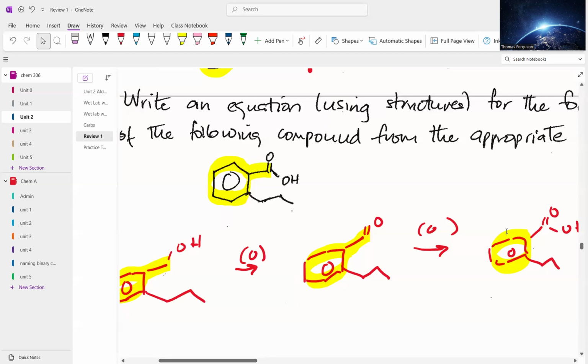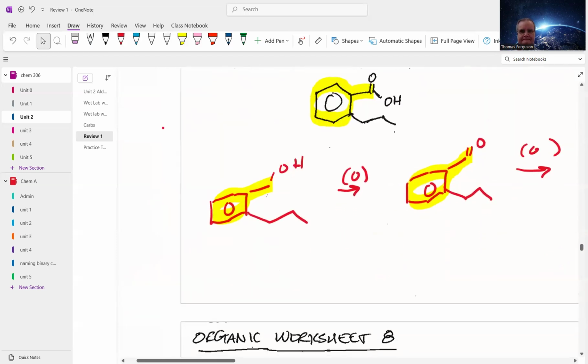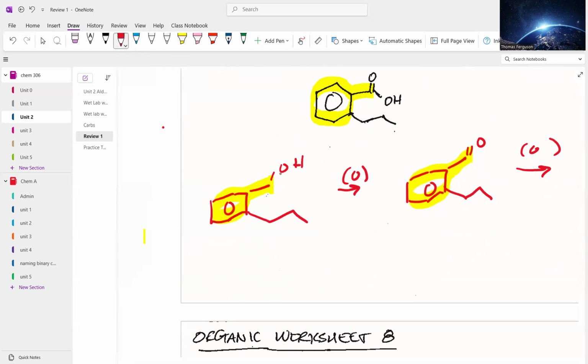Okay, it is a 1-carbon alcohol, with a branch, and let's simplify this a little bit.